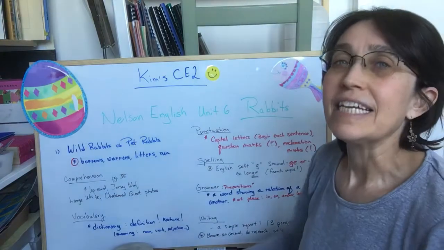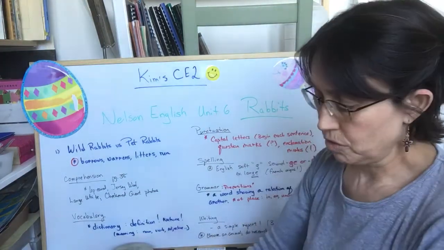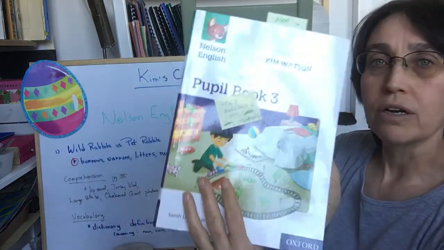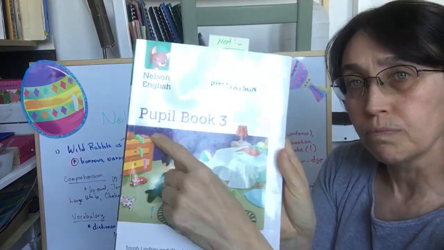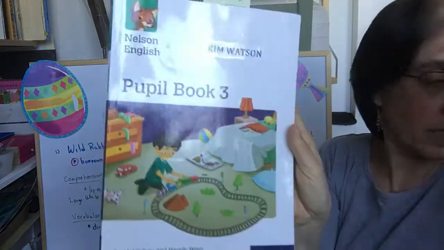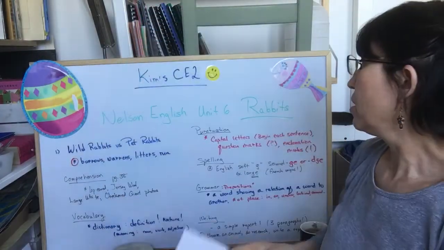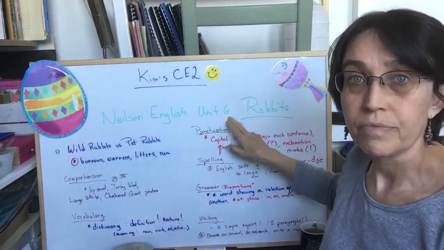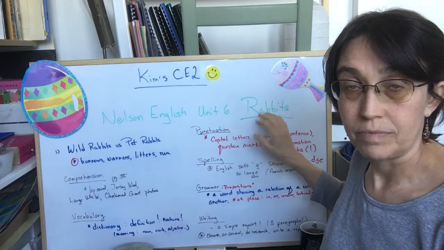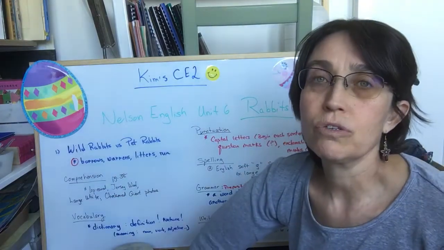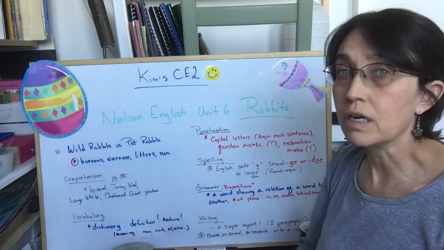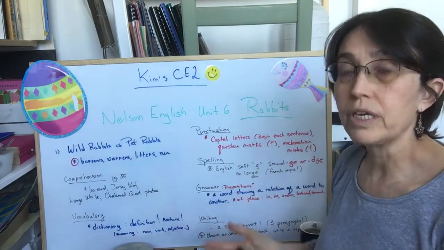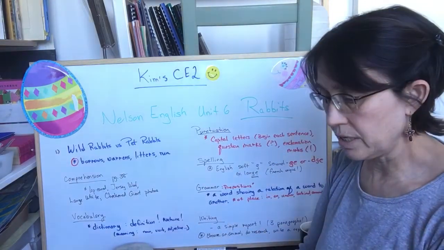Okay, in this lesson, we are going to work in our Nelson Pupils English book. We are going to work on Unit 6, rabbits. In this particular unit we are working on non-fictional language. It's not about a story or an imaginary situation.